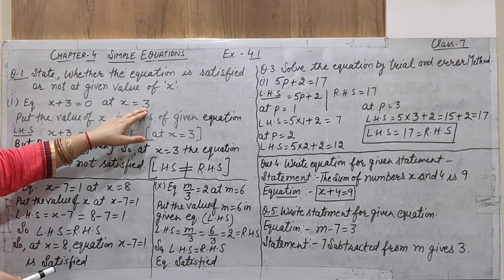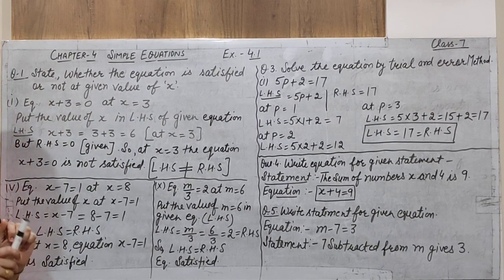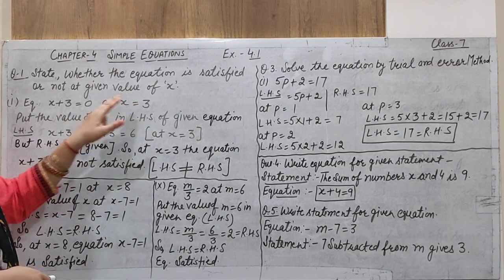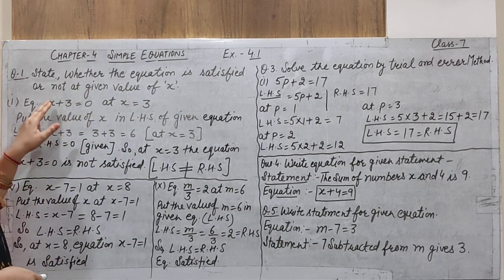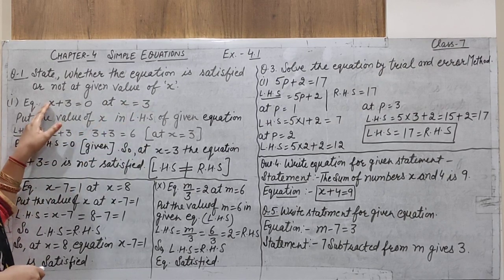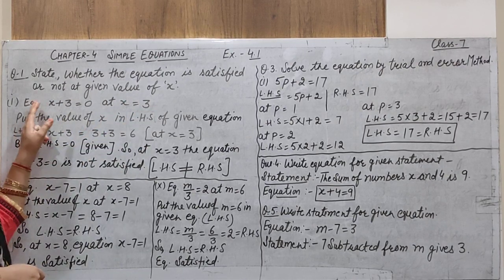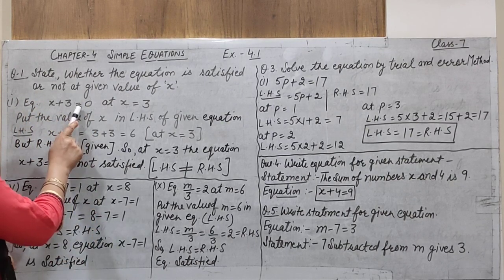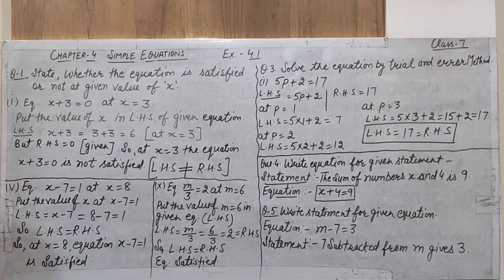Now at x is equal to 3, this equation is satisfied or not means when we put the value of x in this equation, where if x is present in the left hand side, we have to put the value of x in the left hand side, and if x is present in the right hand side, we have to put the value of x in the right hand side.